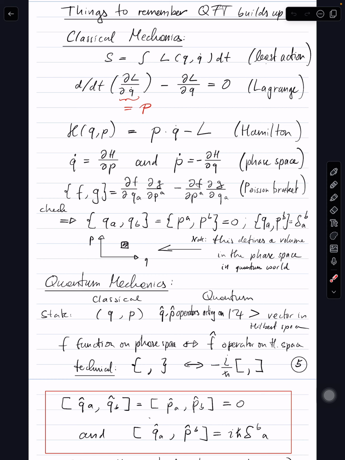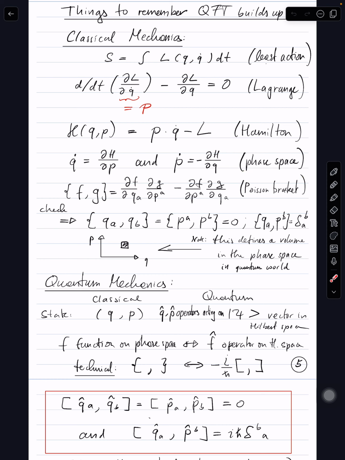If we have multiple particles in a complicated system, we have to sum over the particle momenta and positions. Now, derivatives of the Hamilton function with respect to position and momentum tell us what the differential equations for the evolution of the positions and the momenta of the system are, and that defines the behavior of the system in the so-called phase space.